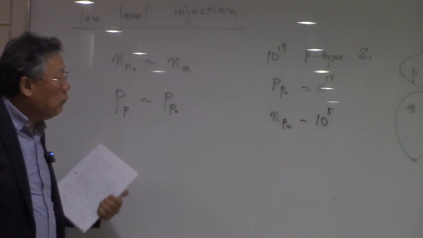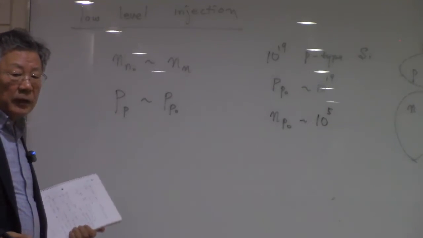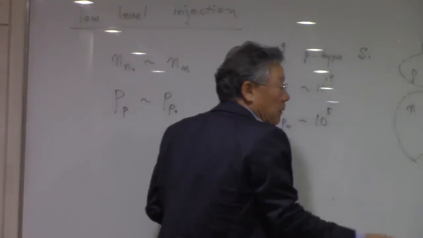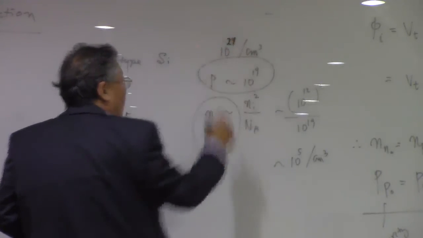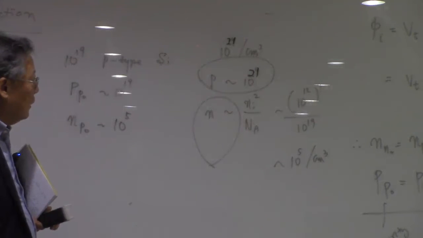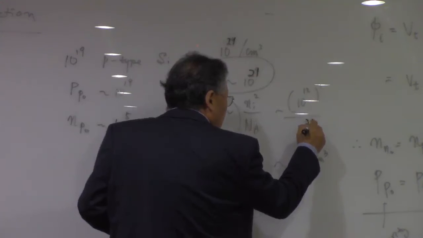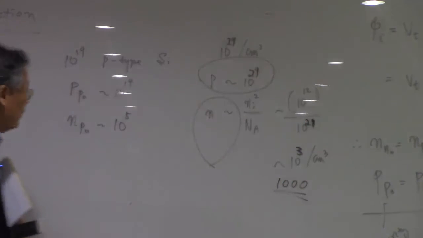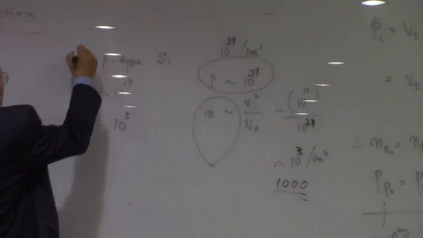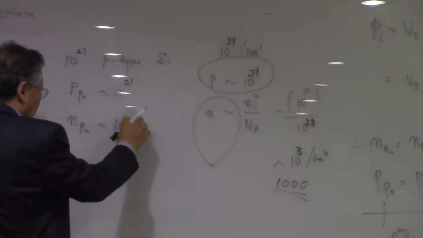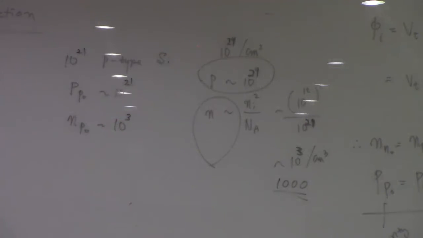Now, if you dope this semiconductor a little bit more, like 10 to 21, then the number of holes is going to be 10 to the 21, and the electrons 10 to the third, so we just have 1,000 electrons in this case. So take the heavily doped silicon at 10 to the 21, with 1,000 electrons, minority carriers in this p-type semiconductor.